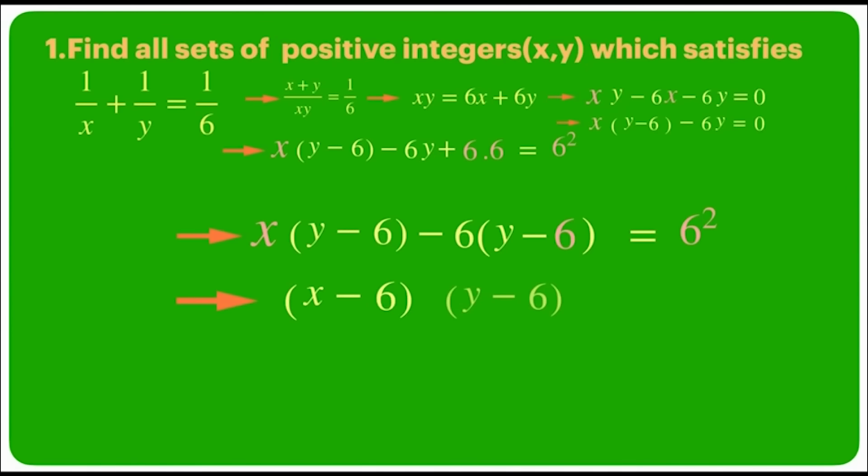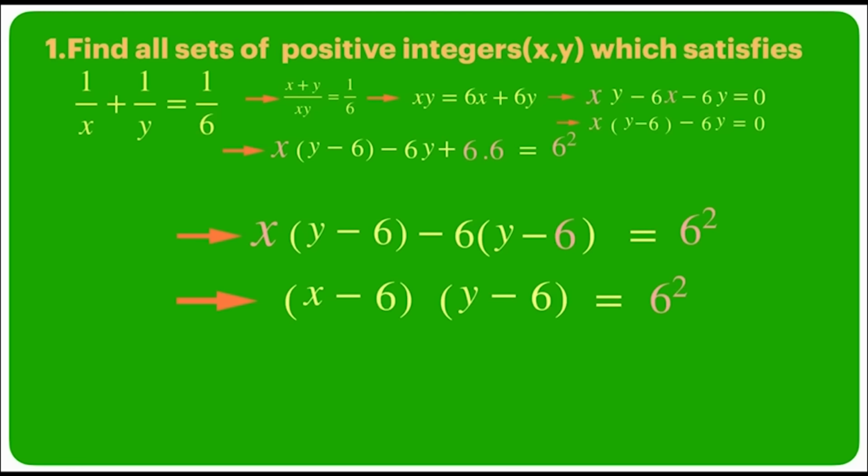So here we easily find x minus 6 into y minus 6 equal to 6 square. This is the factorized form of the given equation, and from this factorized form we can easily find the values of x and y, because the product of x minus 6 and y minus 6 is equal to 6 square.